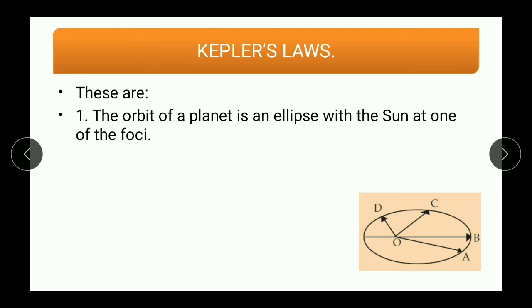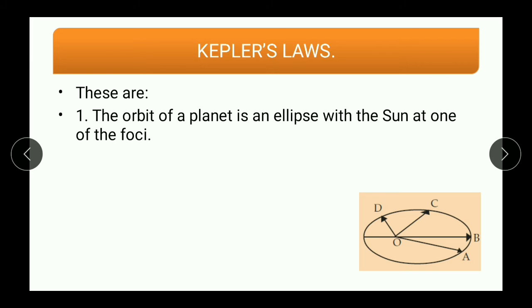With very basic instruments, with basic observations of the planets for a long period of time, we had deduced this law. So the greatness of these scientists is that using very minimalistic devices, but with a lot of hard work over a period of time, they came forward with these laws.